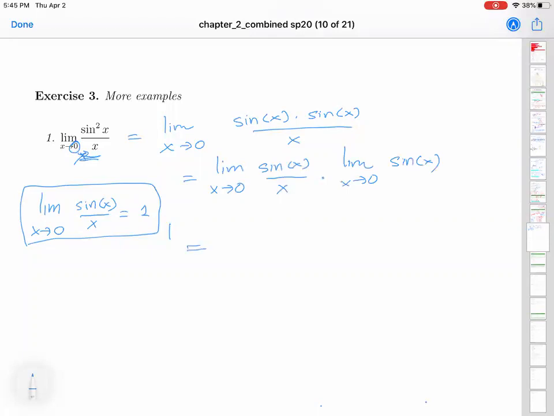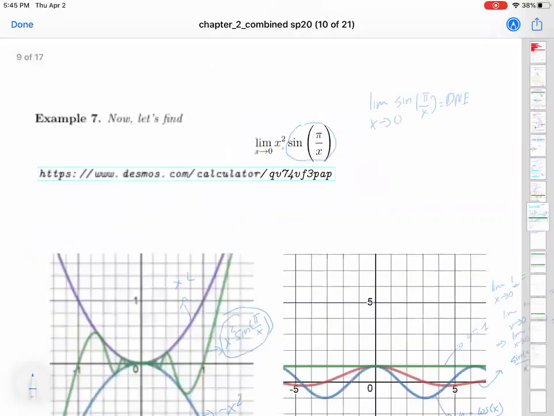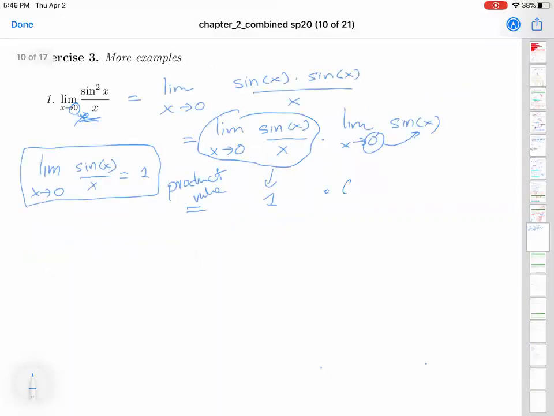In this case, we can use the product rule because the limit of the function sine of x over x does exist and equals 1. And the limit of sine of x when x goes to 0 is just 0. Sine of 0 is 0. All right, and then your answer should be, oh, no, not 1. It should be 0.